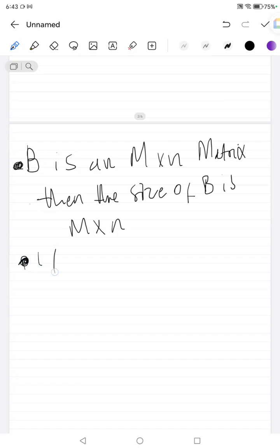Then if your M is equal to N, this is what I said about your rows being equal to your columns, then we say the matrix is a square matrix.